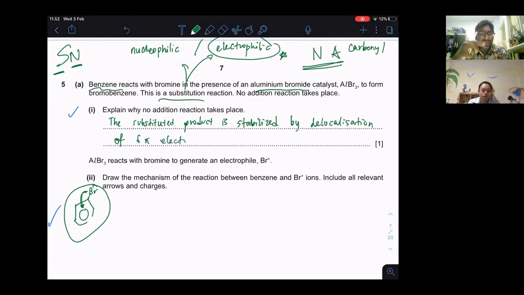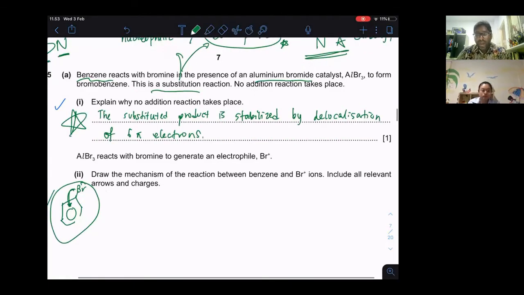Or if there is addition, then the addition product is not stabilized by delocalization of pi electrons. You can refer to the marking key, but this one I want you to remember. Why is this more stable? Because the substituted product is stabilized by the delocalization of the pi electrons.